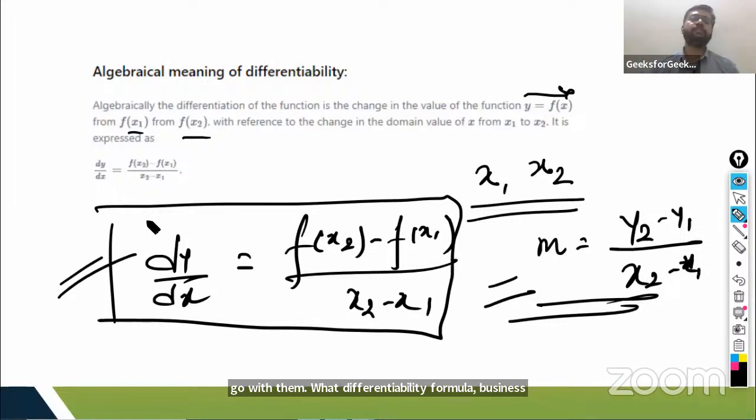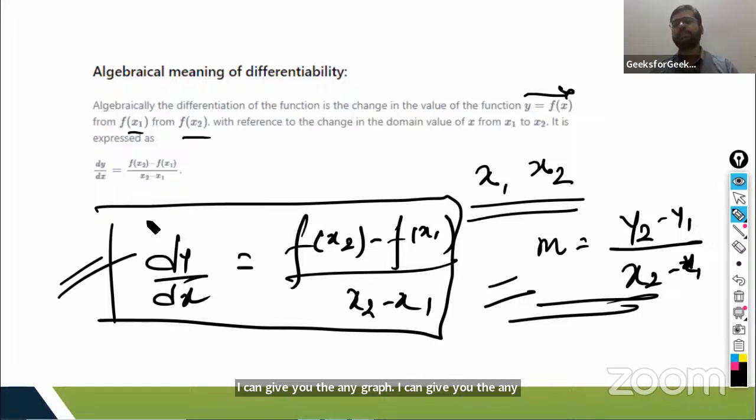So algebraically, differentiability means we are taking two consecutive points, taking the difference of the two points, and checking whether the function is differentiable at the specific point or not. This is all about differentiability. I can give you any sine function, cosine function, any graph, any exponential or logarithmic function where you have to find these things.